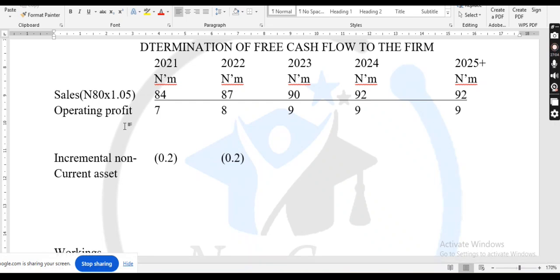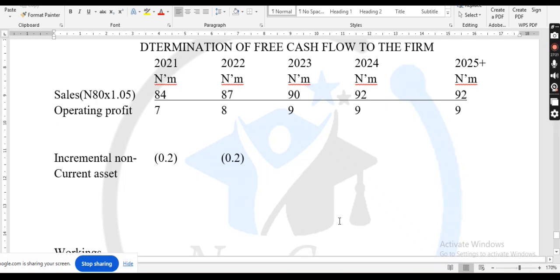What is it called? The profit after tax. Is that not so? When we have profit after tax, we now add back non-cash items. Is that not so, class?